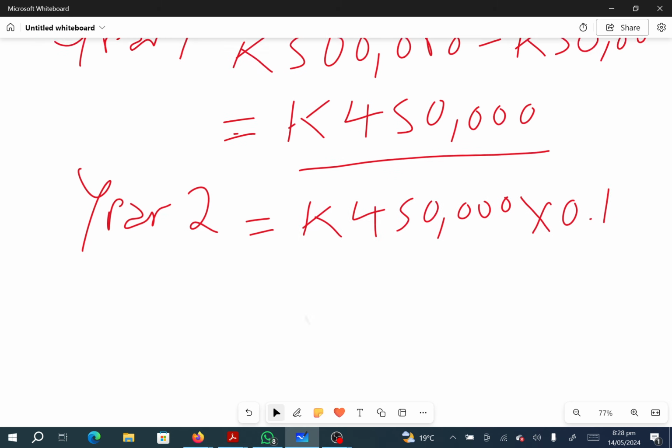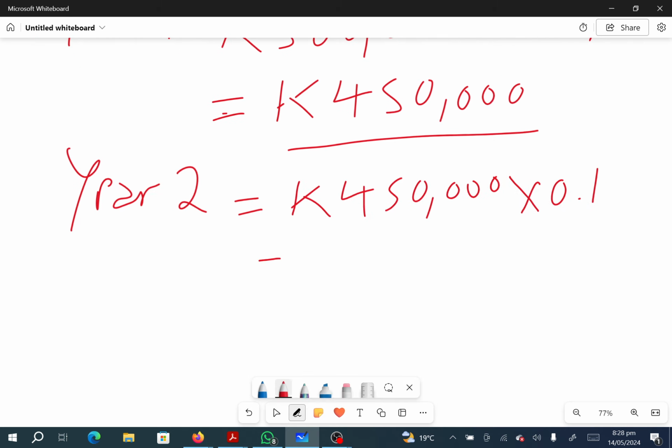So 450,000 multiplied by 10% gives us 45,000.